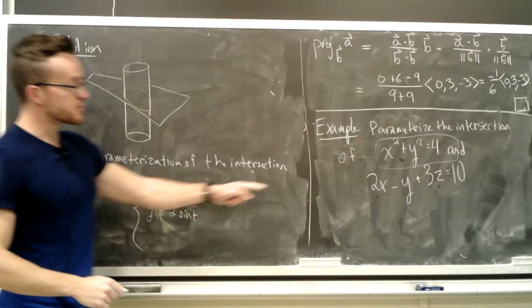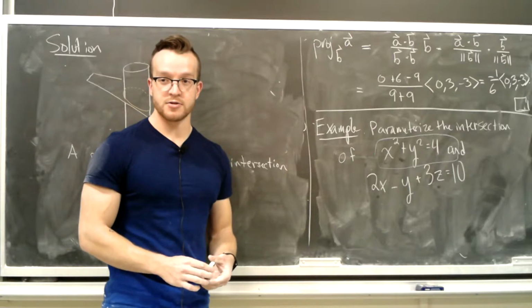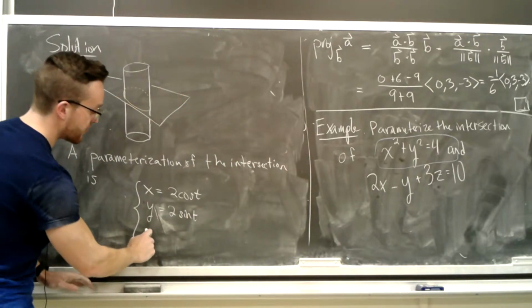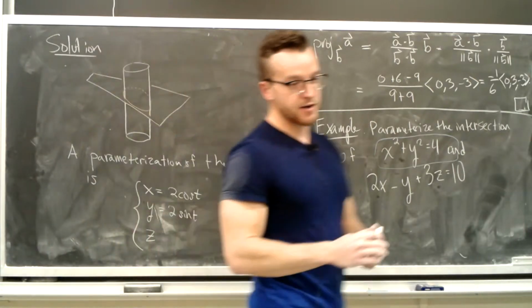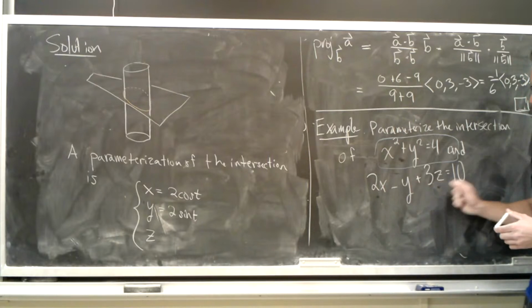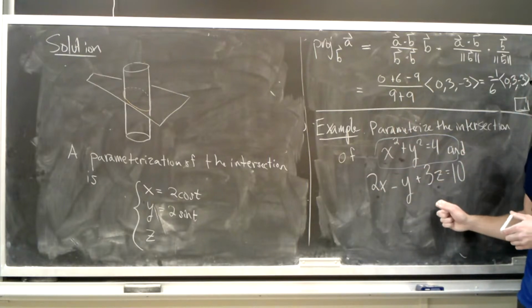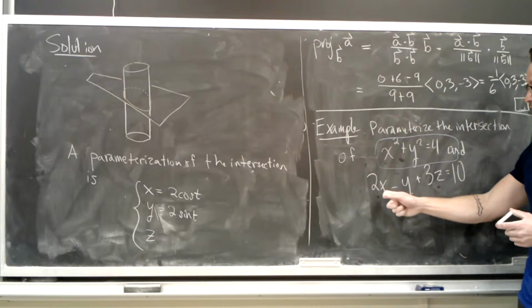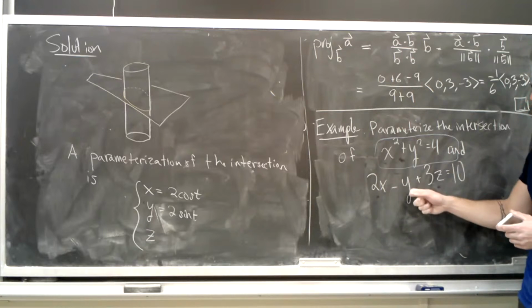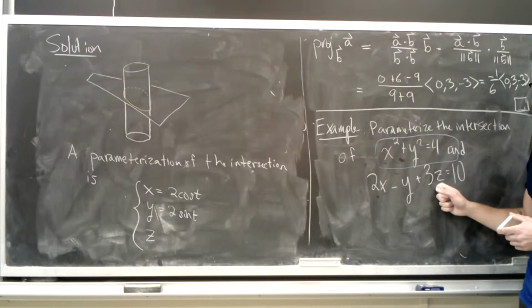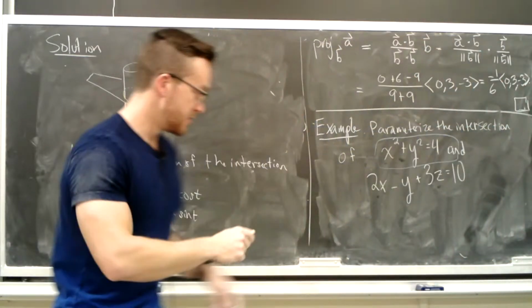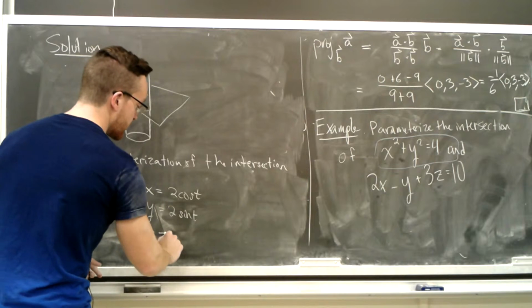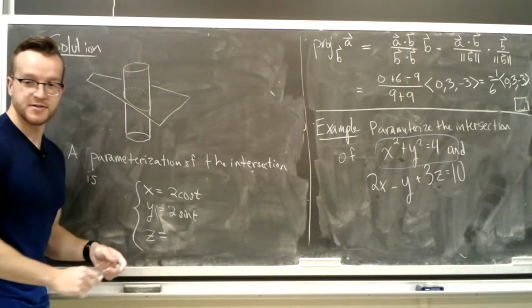And these two functions definitely satisfy this first equation. But then I have to figure out what to call z. On the intersection, x, y, and z have to satisfy this equation, so I don't have a choice. If x is 2 cosine t and y is 2 sine t, solve for z in this equation, and that's what z has to be. I don't have a choice. So let me do that in one go, and then if something I did is confusing, let me know.